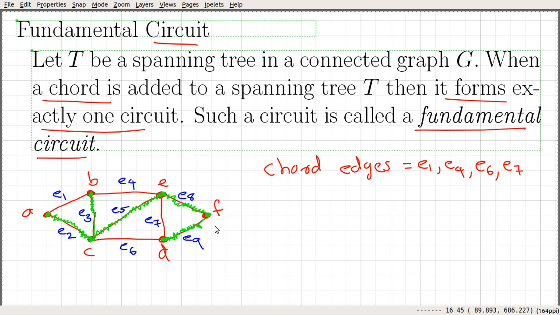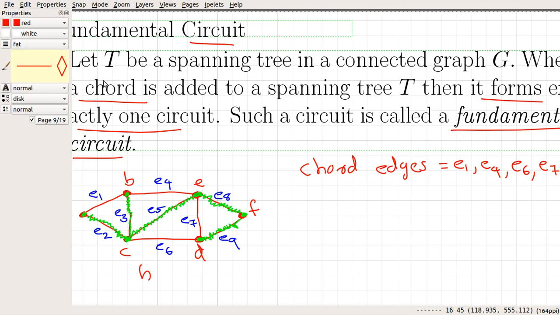Here we can see that the chord edges are E1, E4, E6, E7. So these are 4 chord edges, and let this be a graph G, and the spanning tree is highlighted here in green. If we add, say, a chord edge E1, we can see that we have a cycle here.